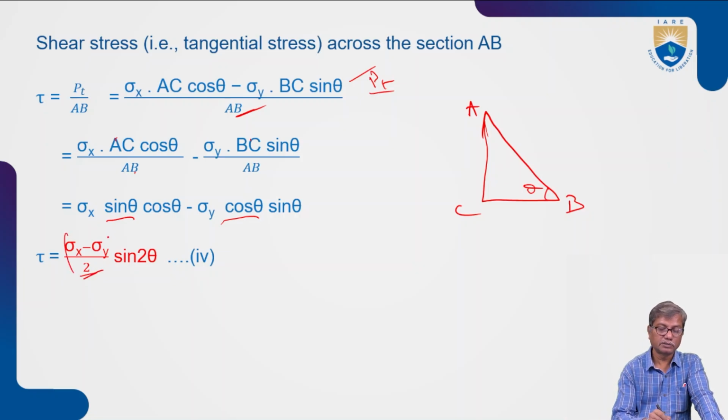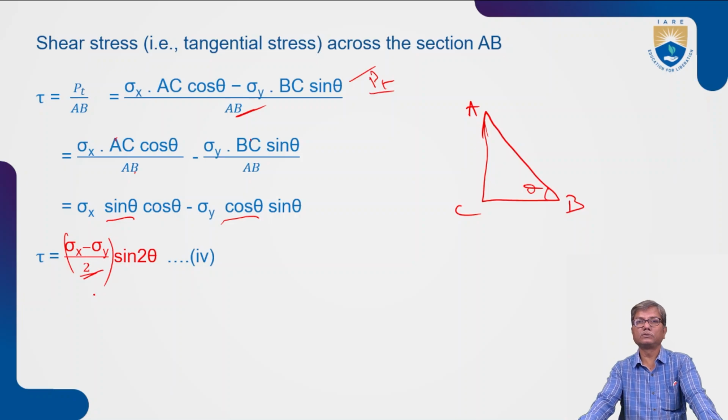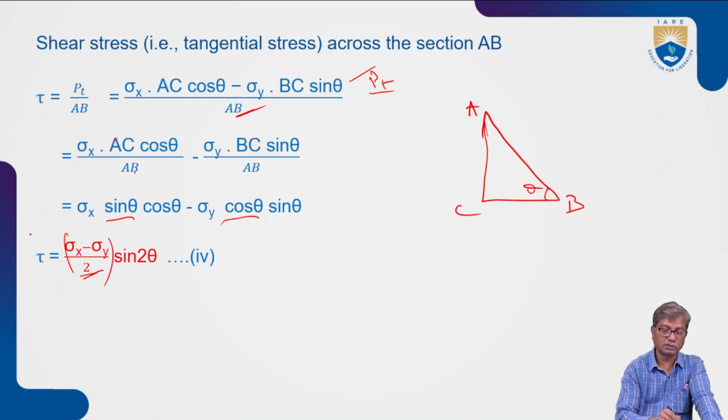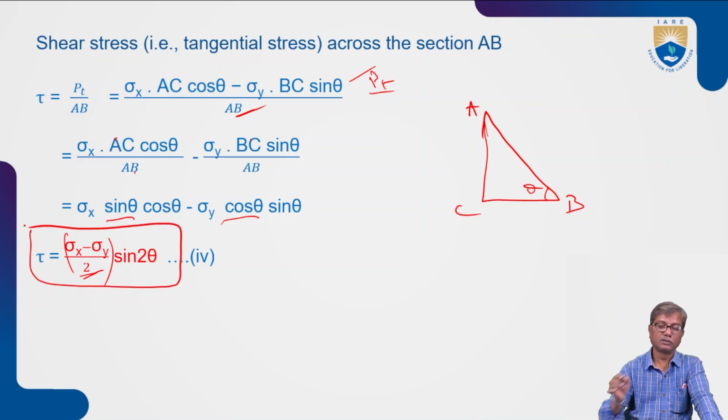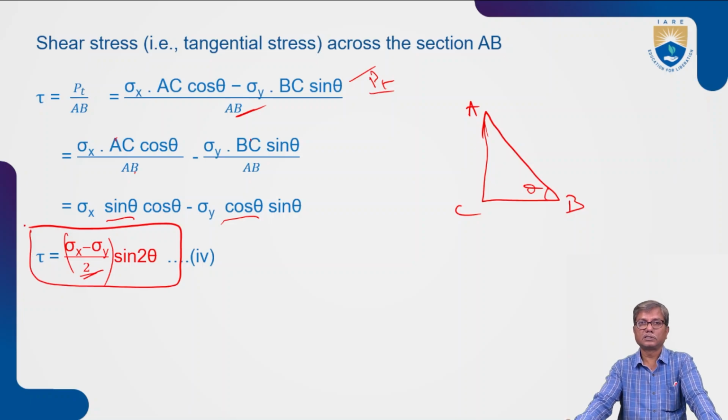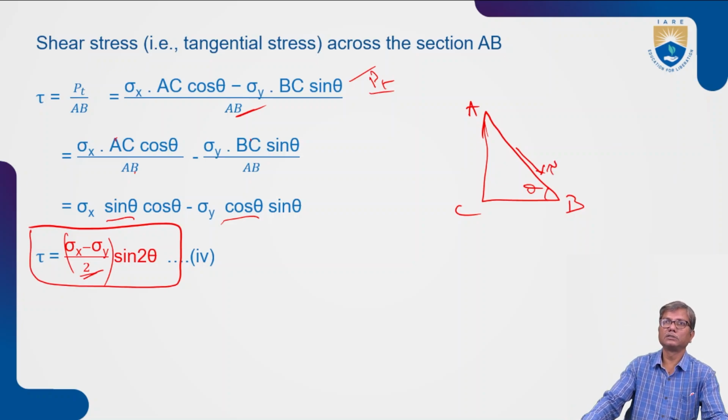So sigma x minus sigma y by 2 into sin 2 theta. This is the shear stress acting on oblique plane AB. Understand?